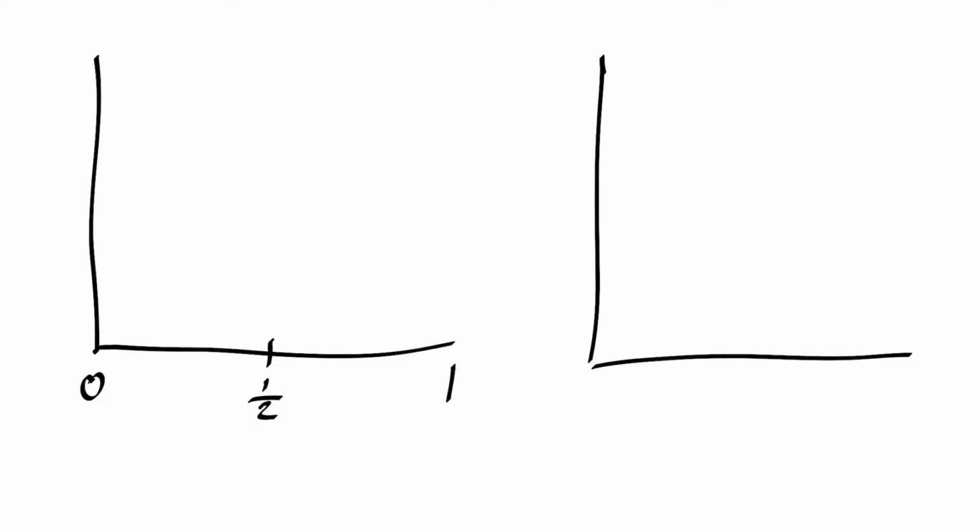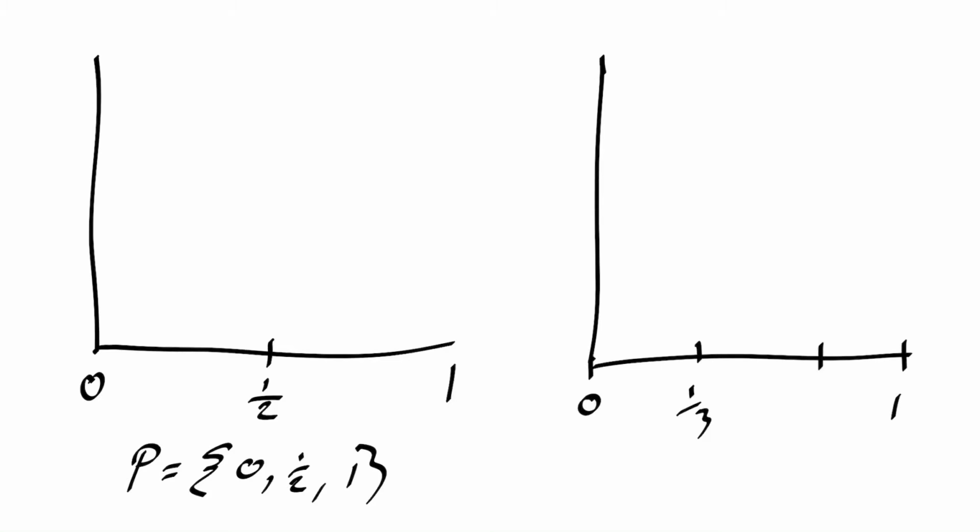So, for example, if I have the interval from 0 to 1, one partition I could use could be 0, 1/2, and 1. Notice the 0 and the 1 have to be in any partition we choose. Another partition could be 0, 1/3, 2/3, and 1.